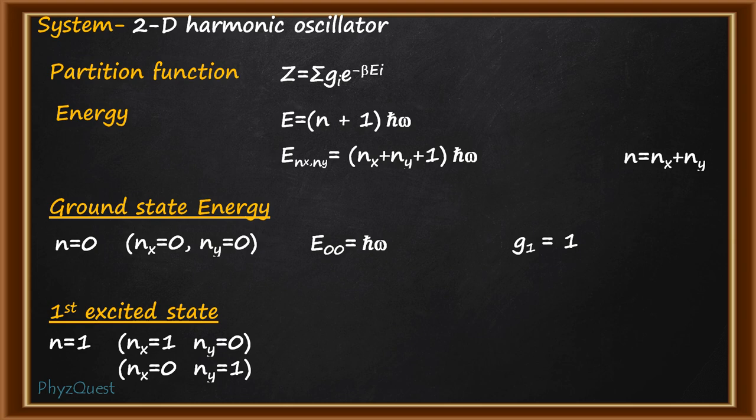In that scenario, the energy will be E10 equal to E01 equal to 2h cross omega. This energy 2h cross omega is achieved with two possibilities of the quantum state. That is, two combinations are there for nx and ny to get the same energy value. So we can say that it is twofold degenerate. So the degeneracy G2 is equal to 2.